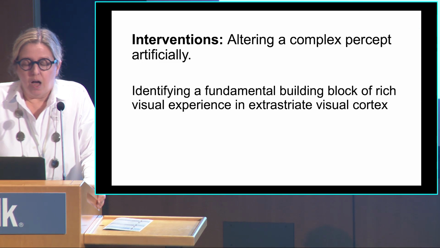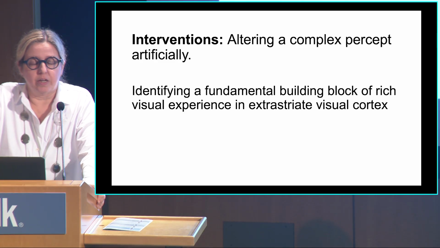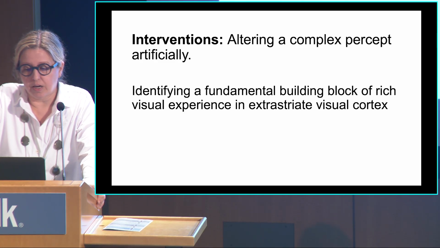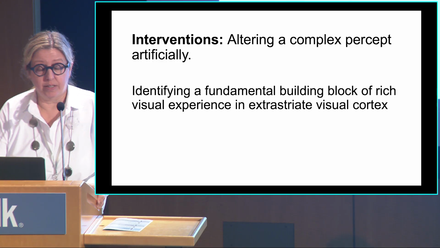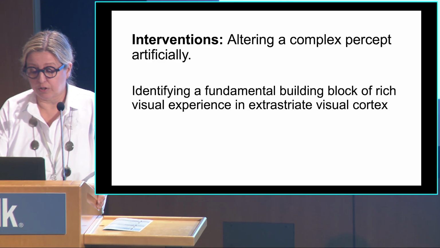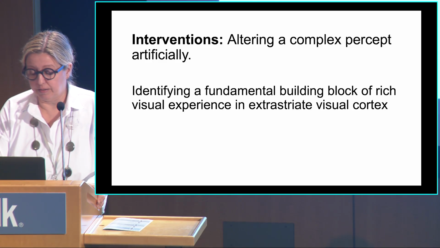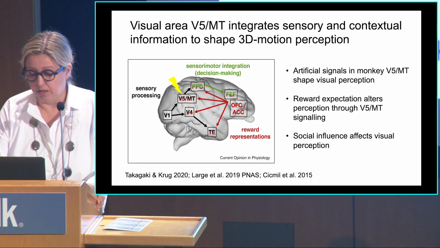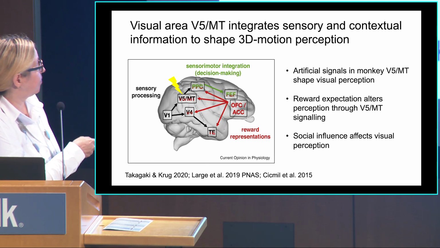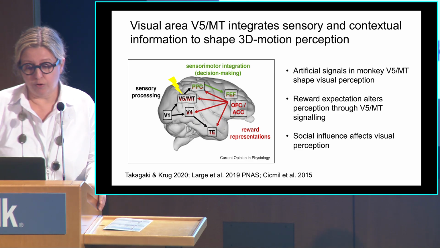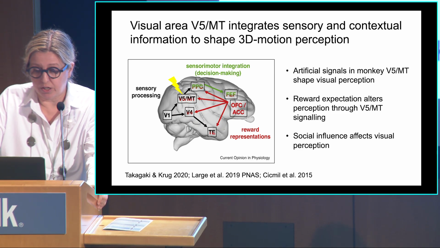So this was random motion. Can we go and account for more complex percepts, where we combine multiple cues, an object perhaps, and alter that with our understanding of the circuitry in a constructive way? And we're going back into V5/MT in the STS for looking at 3D and motion integration.